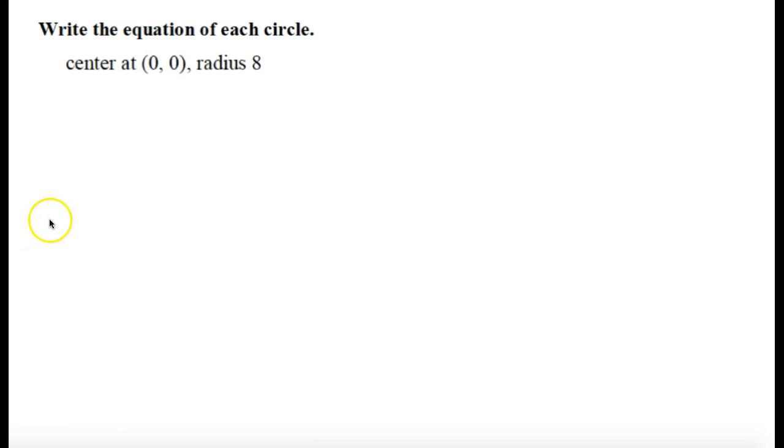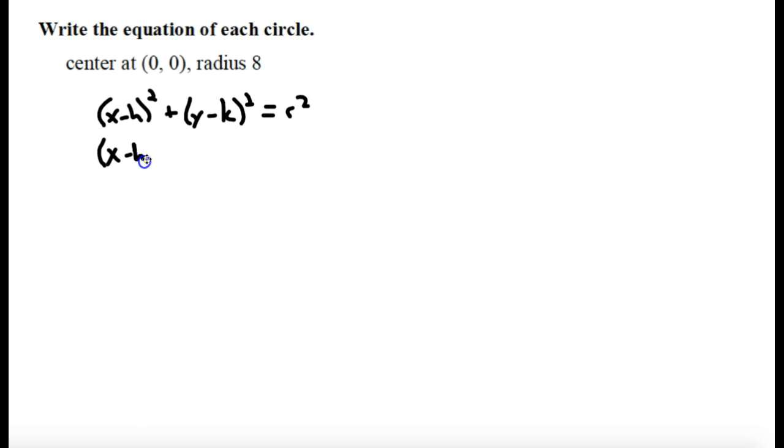How about something like this? How about a center at (0, 0) with a radius of 8? Well again, using our formula, we will just plug those three pieces of information in. I'm plugging 0 in for both h and k.